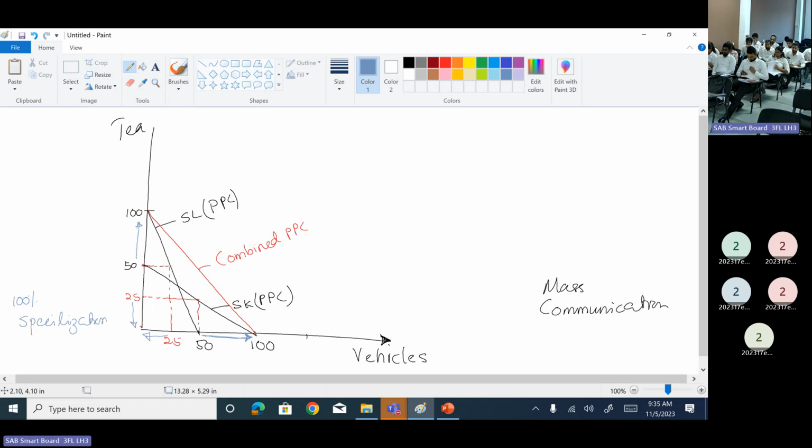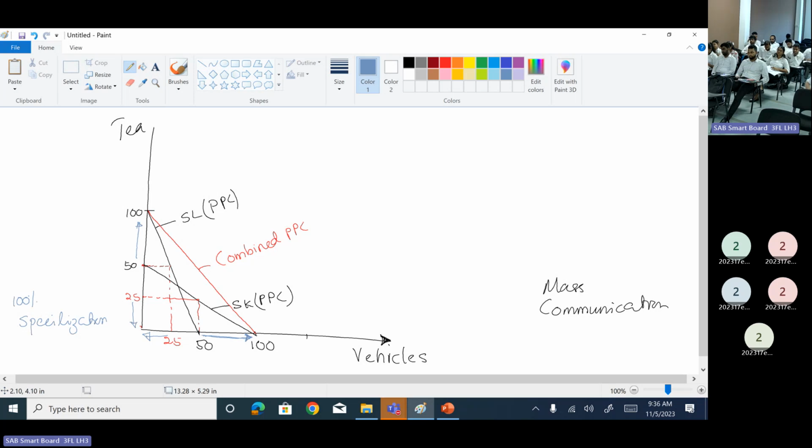Then we produce surplus, so we can take the benefits. How do these countries compare before the trade and after the trade? So we take 100 percent specialization: 100 units of tea and 50 units of vehicles for Sri Lanka, and for South Korea 50 units of tea and 100 units of vehicles per year.